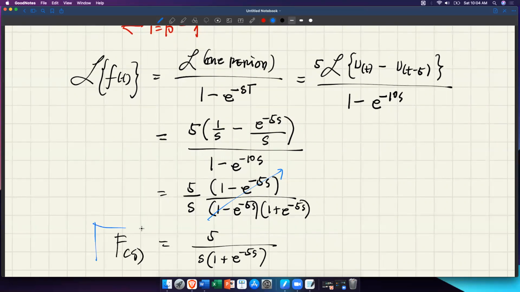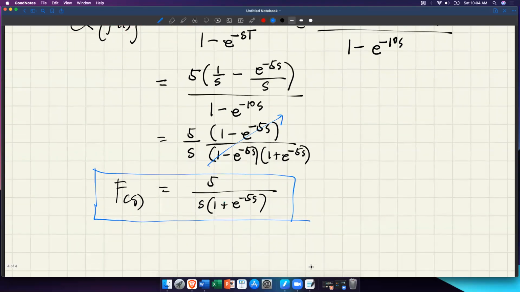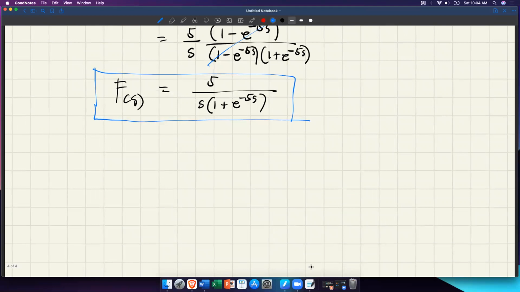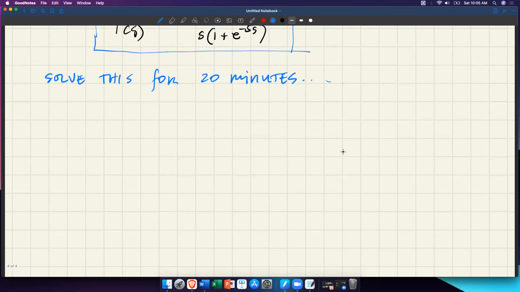The next thing that we will do here is to solve for this problem. So now you already understand how the Laplace transform works in a periodic function. Now it's your time to solve this problem. Solve this for, let's say, 20 minutes. Take note, this is your practice problem. So you have to solve this for 20 minutes.